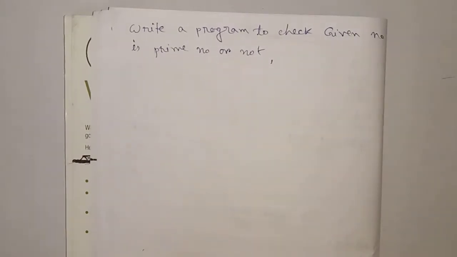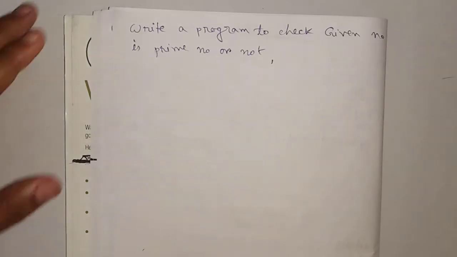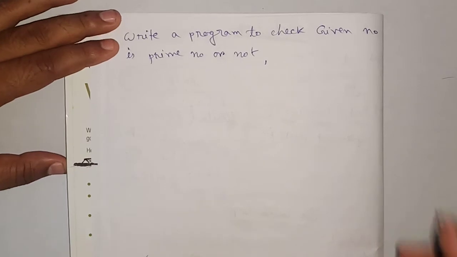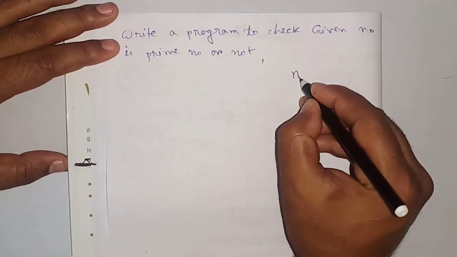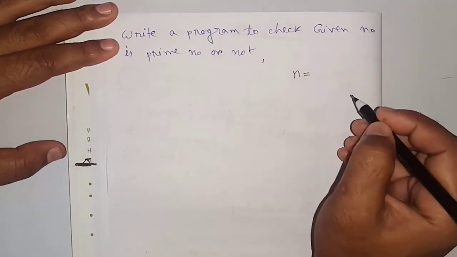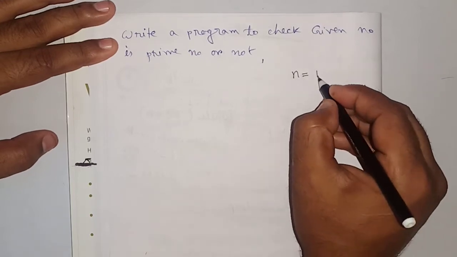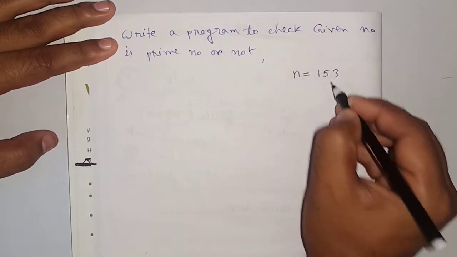Before writing a program, we need to know what a prime number is. Suppose you store a number in the variable n, say 153.